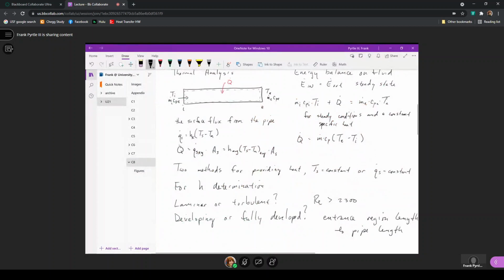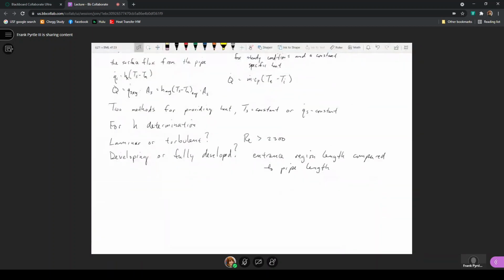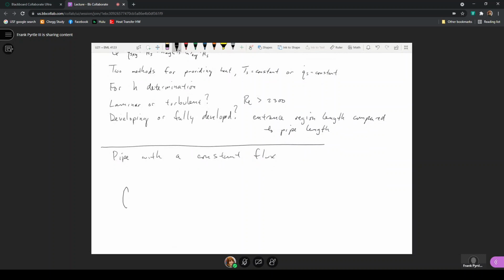a problem that allows us to calculate these quantities. So a pipe with a constant heat flux. That will look something like this. If I have this pipe where a constant heat flux is applied to the surface, and here we would have to specify, of course, the diameter and the length of the pipe.